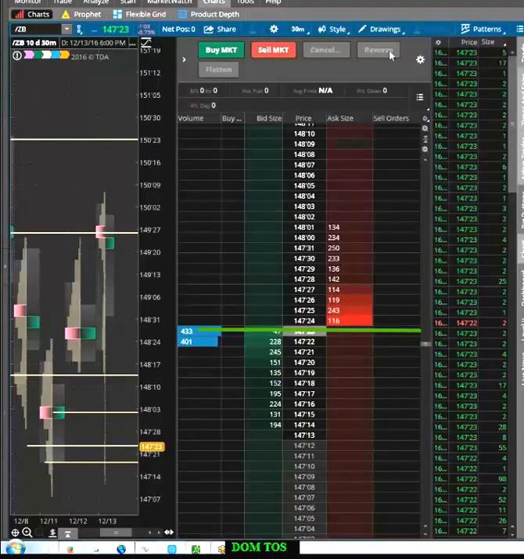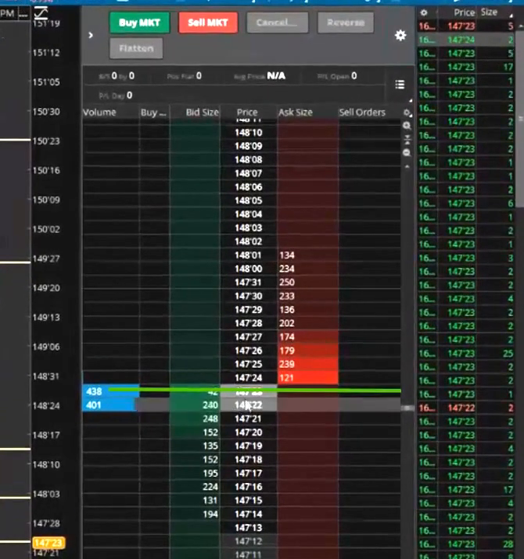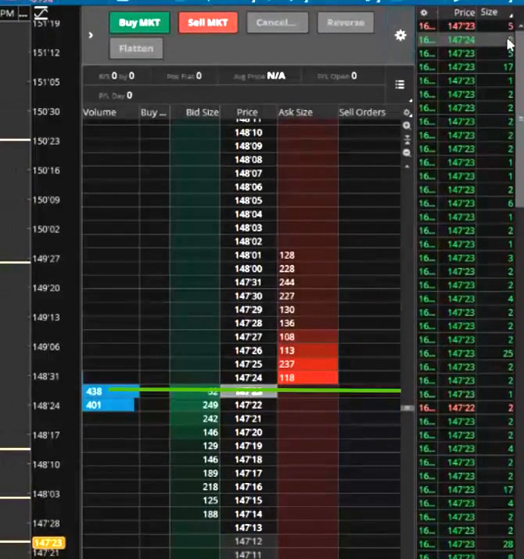I don't have it set up. I don't like buying market. At 147.23, I want to start to see more come in above 23. Right now I only see 2. That's not enough. Let's see what we get. It's basically 2 to 5.